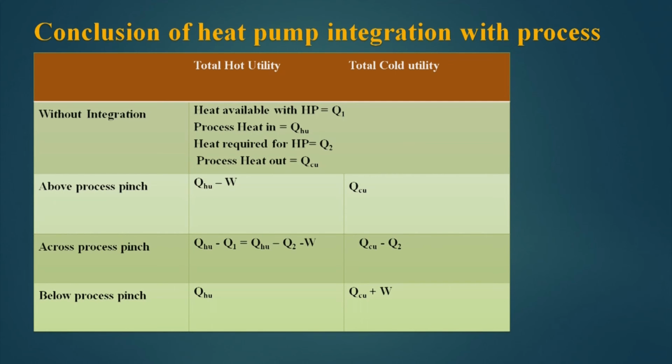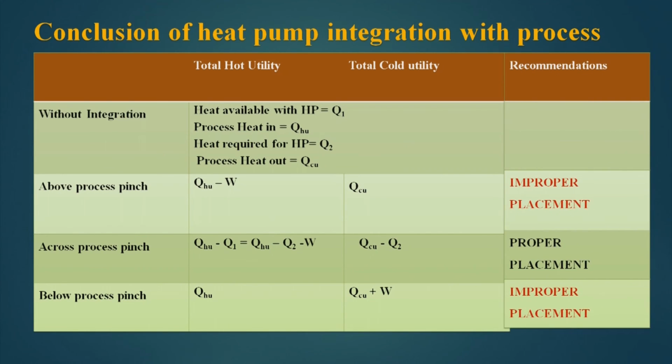Below the pinch, if you see the scenario, the hot utility remains the same, but the cold utility increases by W amount. So, here also below the pinch we are a loser and not a gainer, and hence the final conclusion will be that above the pinch is improper placement, that means do not place heat pumps above the pinch.